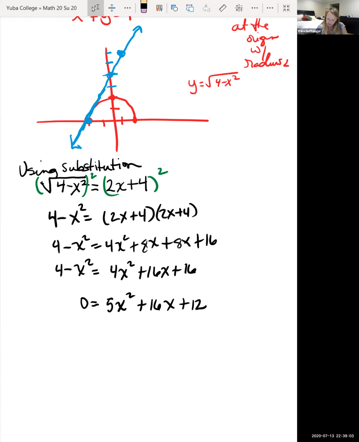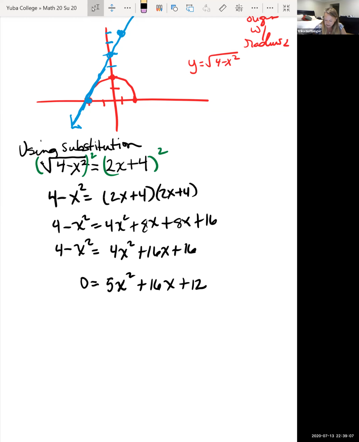Are there two numbers? Yeah. This is factorable. I can see that because A times C, 5 times 12, is 60. And I can easily see there are two numbers that multiply to 60 and add to 16. Let's rewrite the middle term. That's 10 and 6.